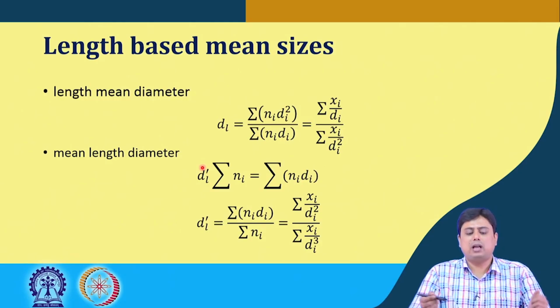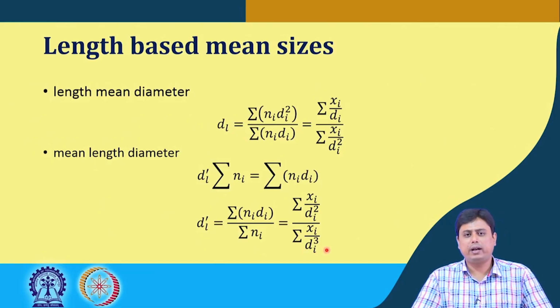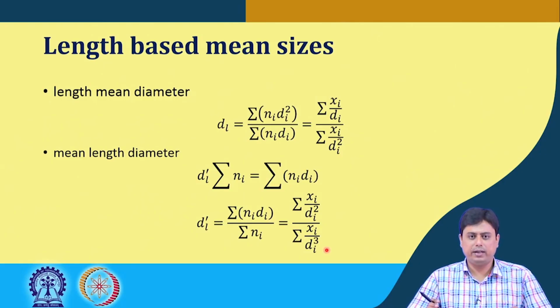How these expressions will be used, we will see when we look at a worked out example. For a size distribution you will be given the xi and the di values, or let us say the ni and the di values. So let us say you have 100 particles of 1 micron, 50 particles of 200 micron, 70 particles of 30 micron.